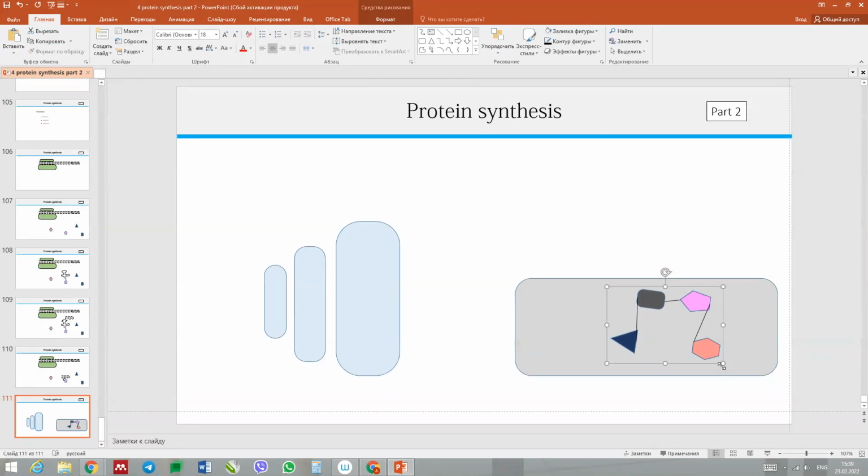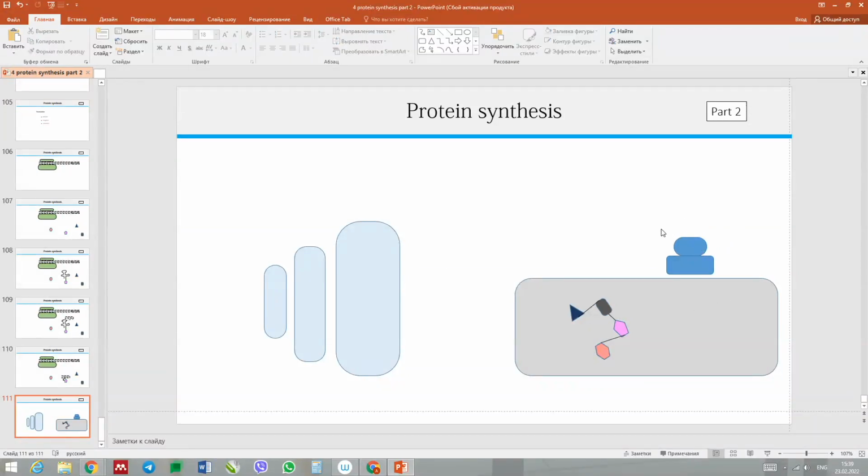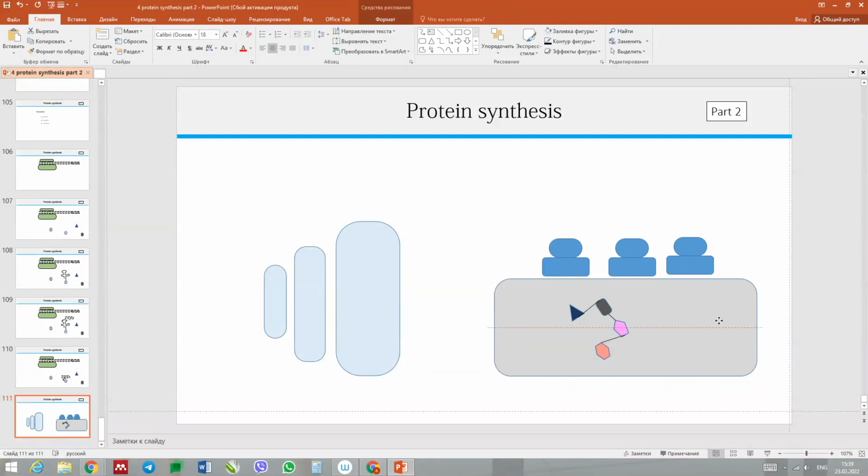This protein, let's make it smaller. This protein will be transferred from an endoplasmatic reticulum. And by the way, this endoplasmatic reticulum that is associated with ribosomes is called granular endoplasmatic reticulum. Granular because a lot of ribosomes associated with endoplasmatic reticulum look like dots or like granules.